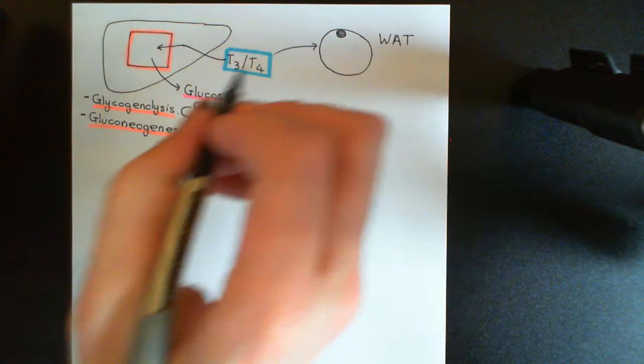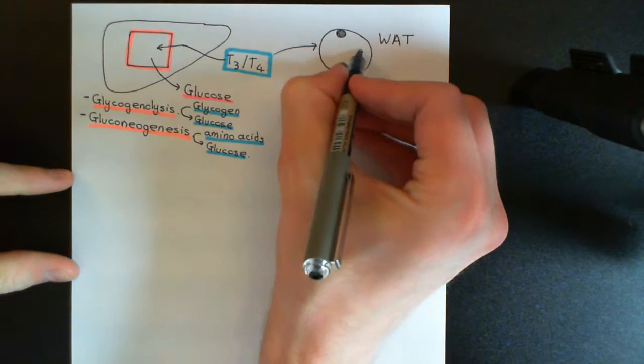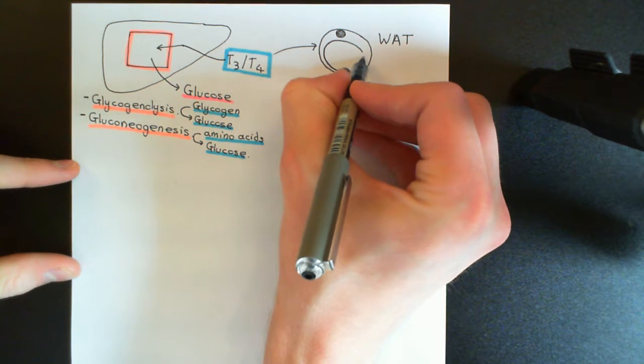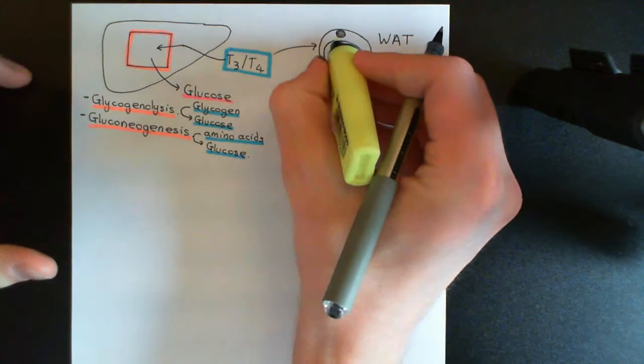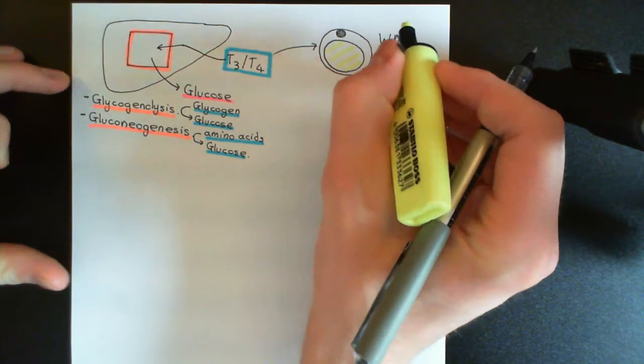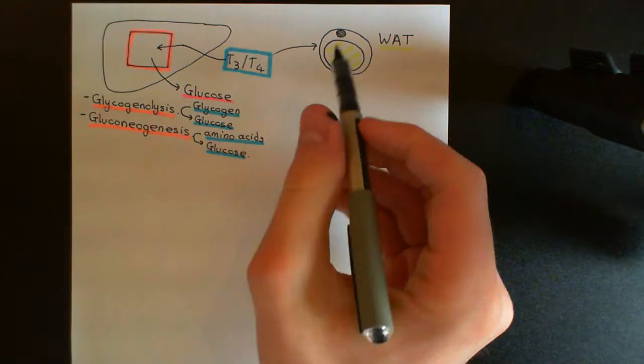so this is white adipose tissue. Okay, so of course white adipocytes, they have this structure where they have a massive great droplet in the centre, a massive great fat droplet here, which I'll colour in yellow here, and that's where loads of triglyceride molecules are stored.